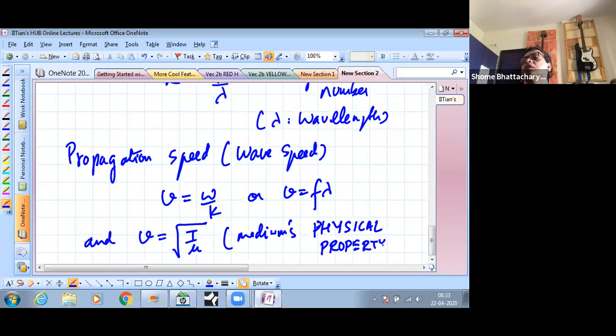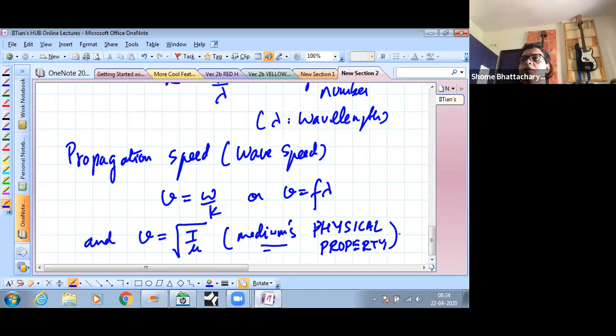So suppose in the experiment that I was talking about earlier, where we are creating the wave, I changed the source frequency from 20 Hz to 50 Hz, that is not going to affect the speed of the wave. The speed of the wave will remain the same as long as I don't change the tension in the string or the linear mass density. But now with the same 50 Hz source, if I replace the thread with a heavier thread, so mu is greater, but keeping the same tension, I'll see the wave speed will reduce immediately. Okay, so that becomes an important thing to understand, that the wave speed depends on the medium's physical properties.